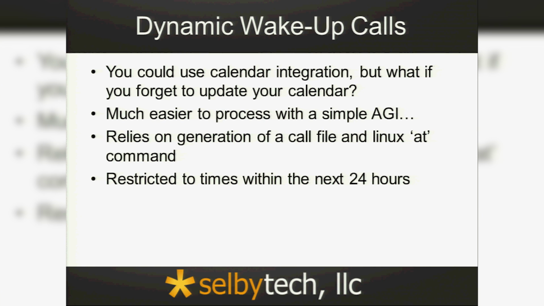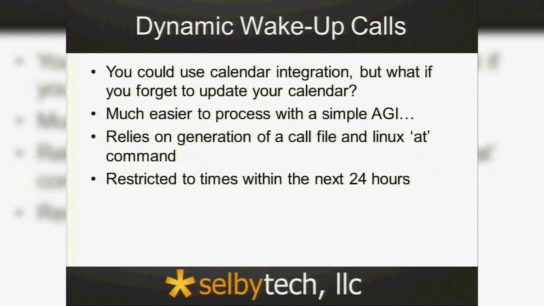This relies on a generation of a call file and the Linux AT command, which is just a scheduler. The way I've got it written, it's restricted to times within the next 24 hours. You could do it however you want, but to me, it's the case of, oops, I forgot I need a wake-up call tomorrow. Here, let me call into it.